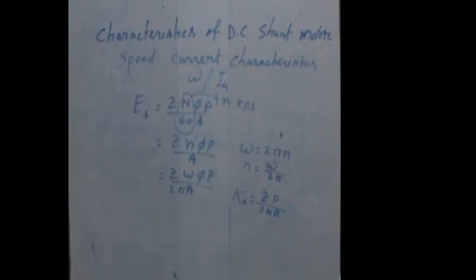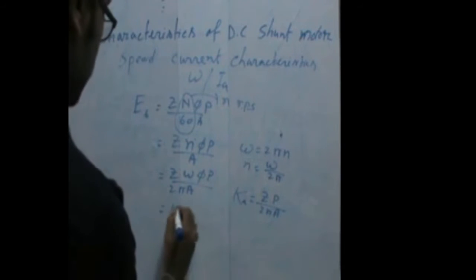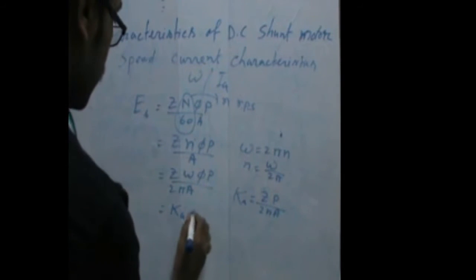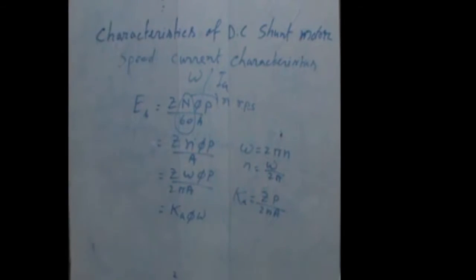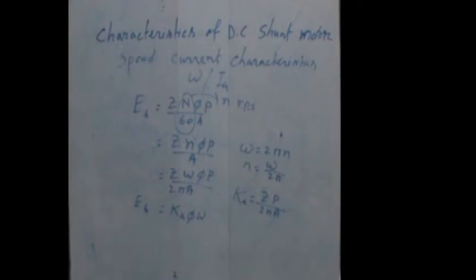If we replace all constant terms with a single constant Ka, then we are getting EB is equal to Ka phi omega.